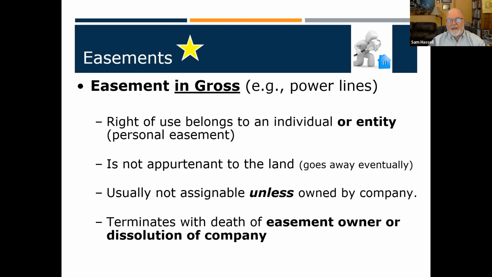This terminates with the death of the easement owner or the dissolution of the company. So it could be long-term, but if I die and we have a new owner, can the new owner come out and say, I don't want you on my property anymore? Sure, it's not recorded in that case.